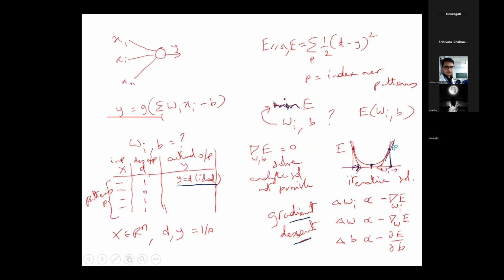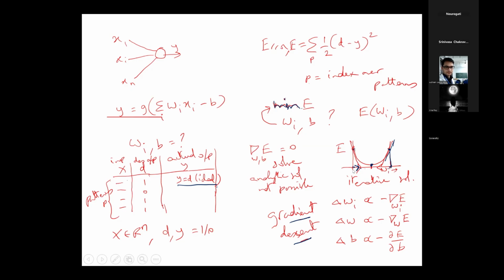Note that the derivative, the slope, here is positive. In the other case, I am on the left of the minimum, the slope is negative, and I have to move to the right. That means increase W. So the simple rule of thumb is, if your derivative locally is positive, then decrease W.